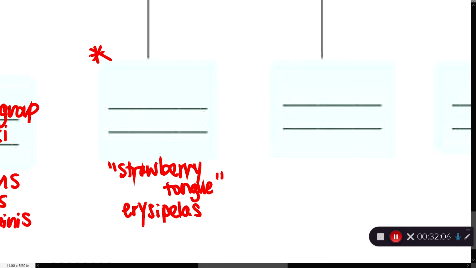It's also associated with necrotizing fasciitis, which is your sensational flesh-eating bacteria. There are other agents that can cause flesh-eating bacteria, but this is the number one cause of it. So that's necrotizing fasciitis. It's also often associated with impetigo.